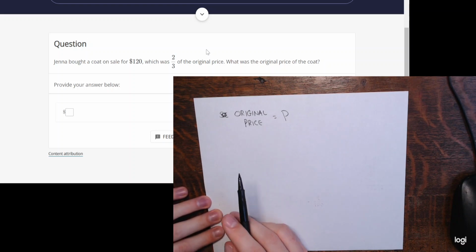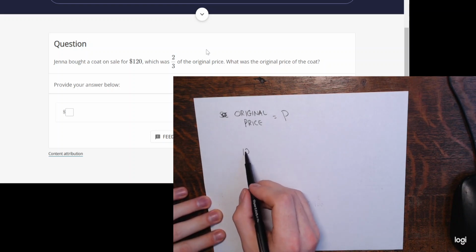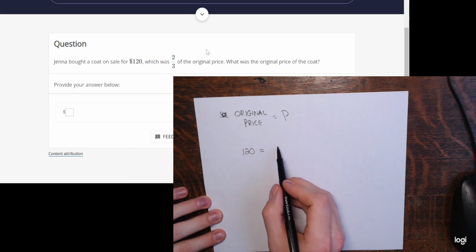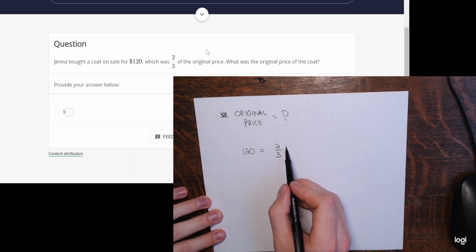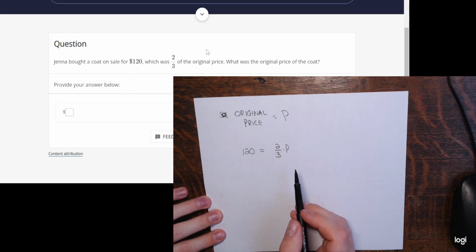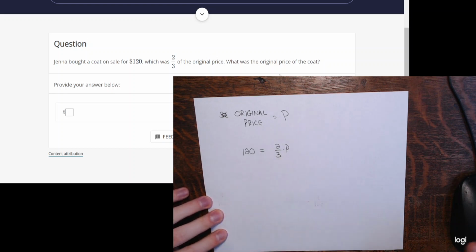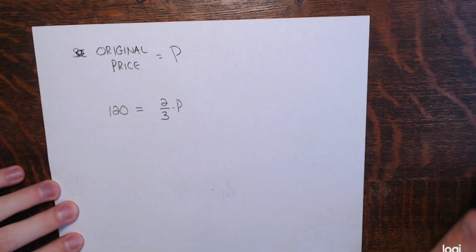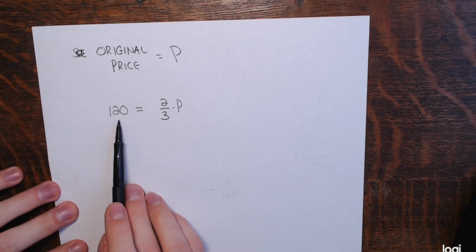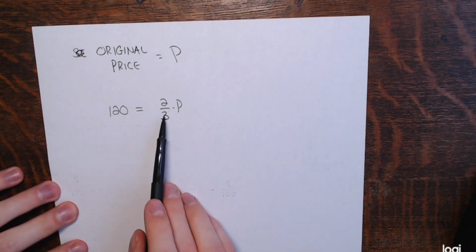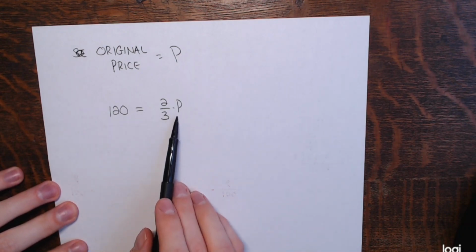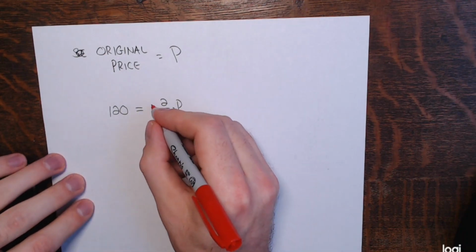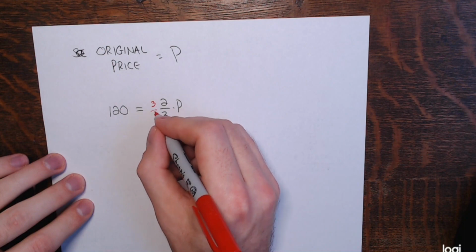Now the sale price was $120, and they're saying that this sale price of $120 is 2/3 of the original price, 2/3 times P. And I'm just solving this equation here. And then I just divide by 2/3 or multiply by 3/2. Right? Dividing is multiplying by the reciprocal.